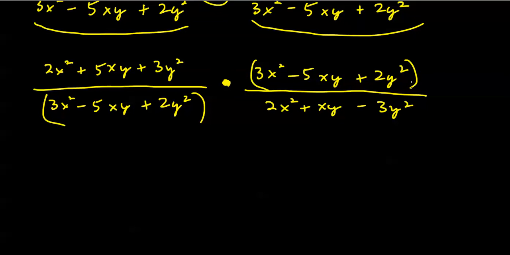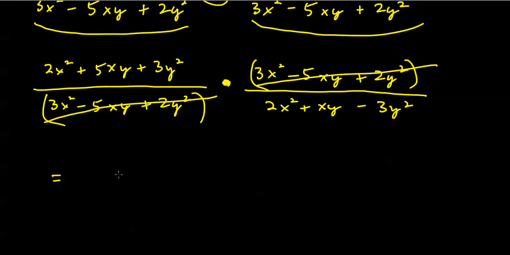Well, once you have identical expressions as factors in both numerator and denominator, I can cancel the whole thing out. Alright, so that saved me a considerable amount of work.